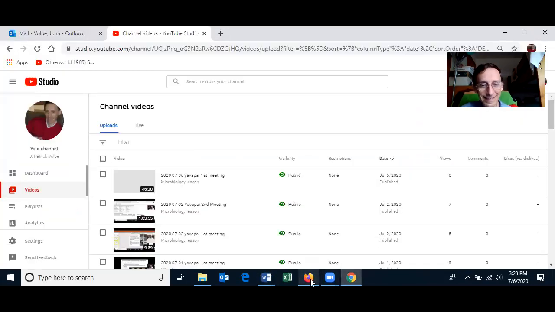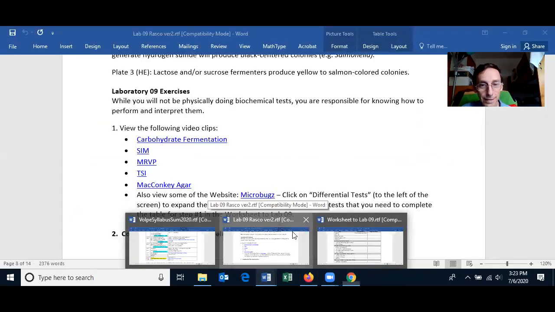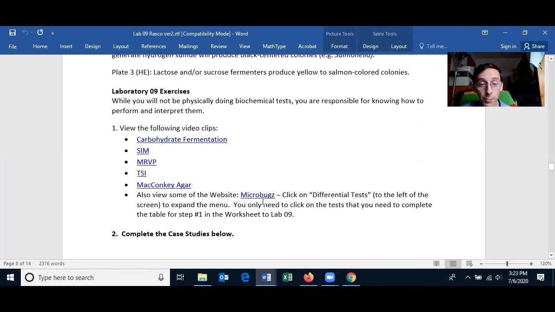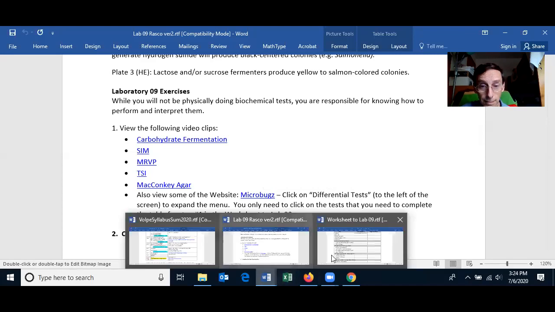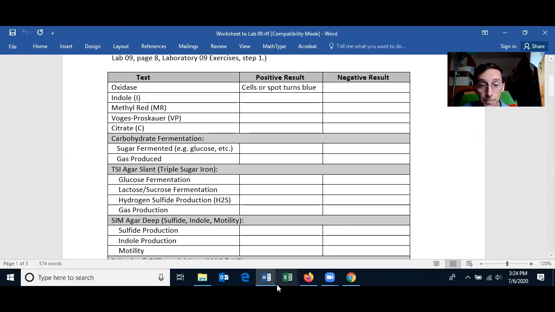Not there. Oh, here it is. You'll need to get it from Microbuzz. Any question about that? But there's a lot of tests on Microbuzz that are not in the worksheet. And you don't need to view them or learn about them. You only need to learn about the ones in this table here. You need to fill in this table. Okay, any questions about that?